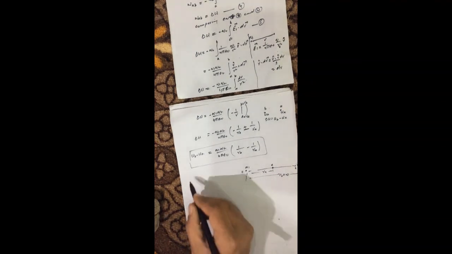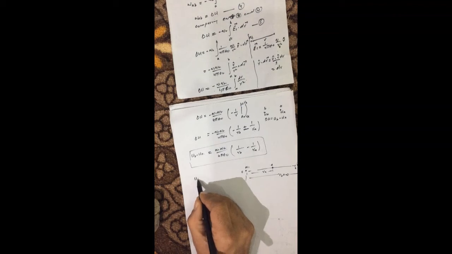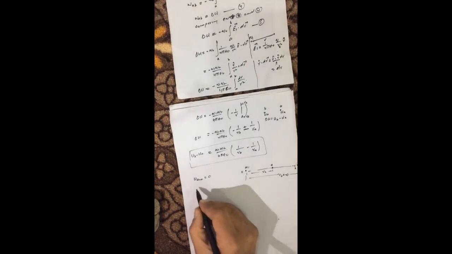Like charge Q1 is at point O and charge Q2 is at infinity, so the distance from Q1 to Q2 is infinite.